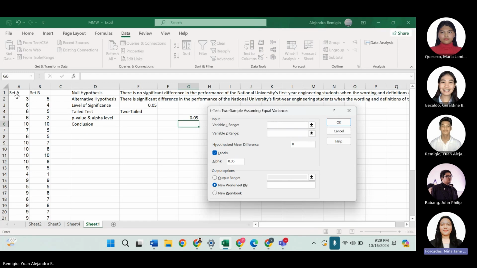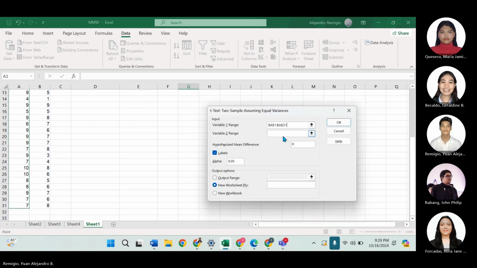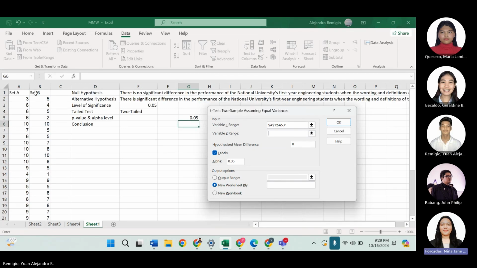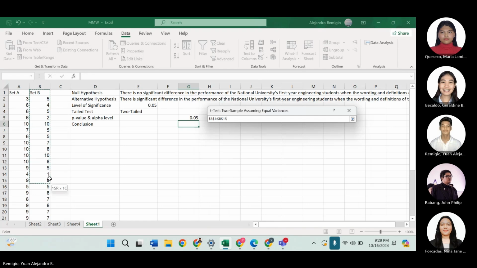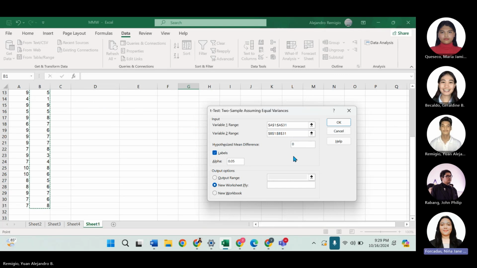For variable 1 range, get the score in set A. For variable 2 range, the score in set B. In hypothesized mean difference, we just put 0. Our alpha level is 0.05. Then, okay.